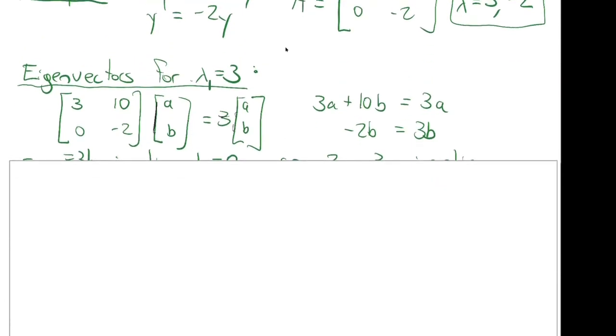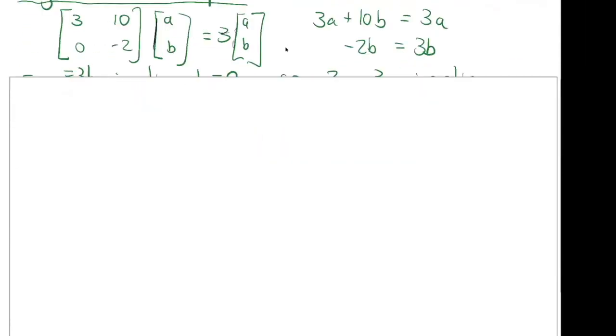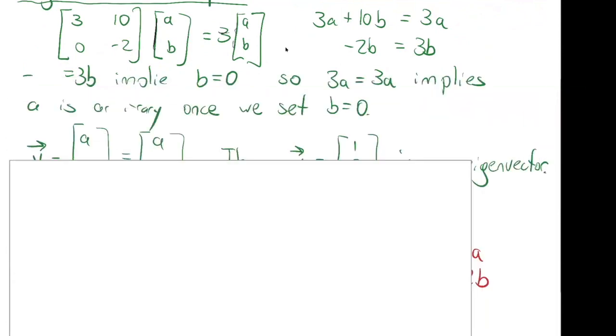And so then we solve this equation. Let me just say that from this equation over here, we can see that if minus 2 is equal to 3b, the only way that happens is if b is 0.